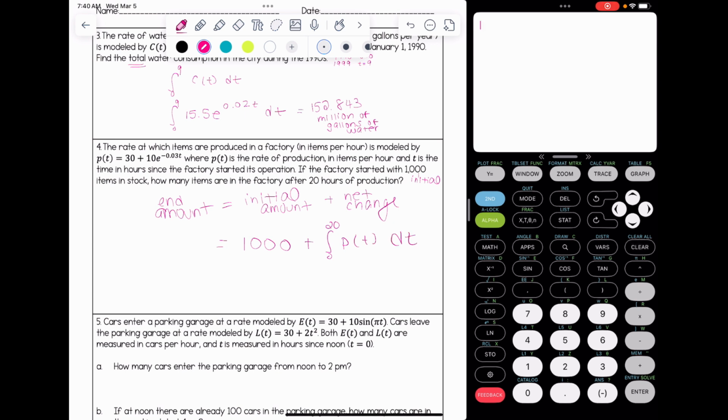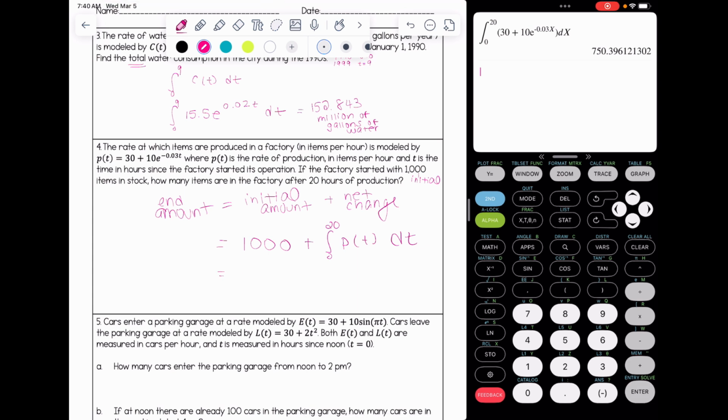Then over on the right, you can see I'm going to go to my calculator and go to math 9. And I'm going to evaluate that function. So I'm going to plug in for P of t 30 plus 10 e to the negative 0.03t.